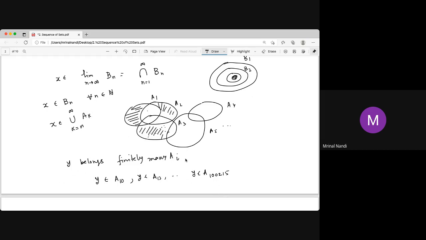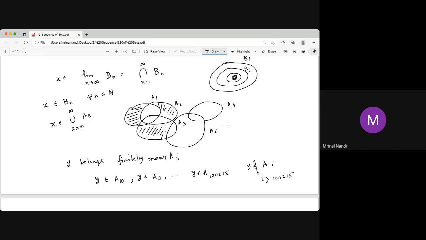Because it is finitely many Ai, you just list all the Ai where y belongs. Now there is a maximum index, and after that index y does not belong. So y does not belong to Ai when i is greater than this. This is the last one.